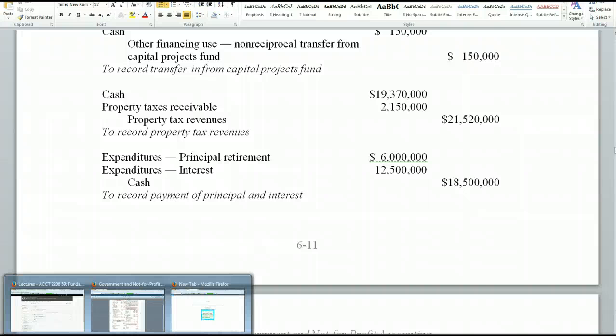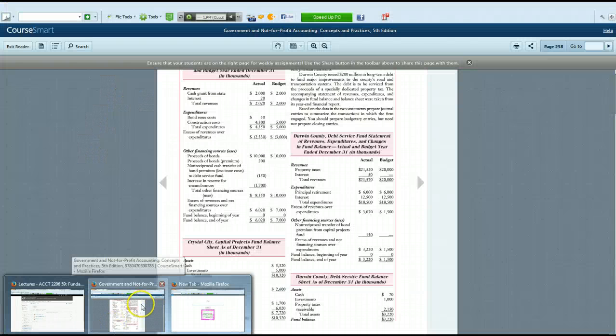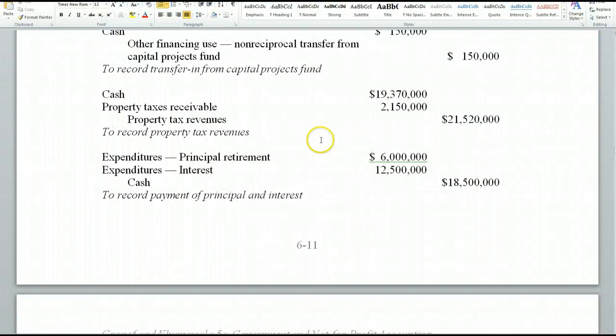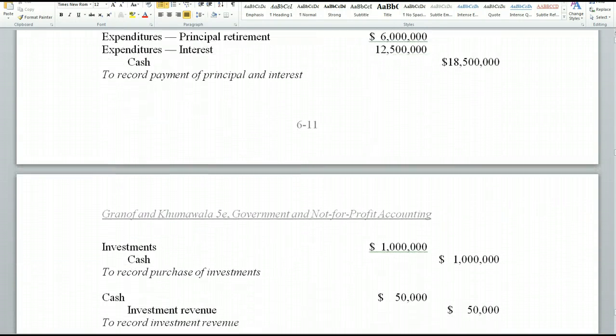Now let's look at what was estimated and then what actually occurred. It's the budget versus the actual. We have expenditures of the principal being reduced or retired and the interest. So to go back over here, we've got expenditures, principal retirement, expenditures interest, with a credit there for cash of $18,500,000.